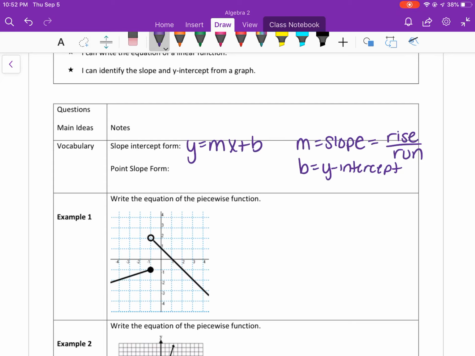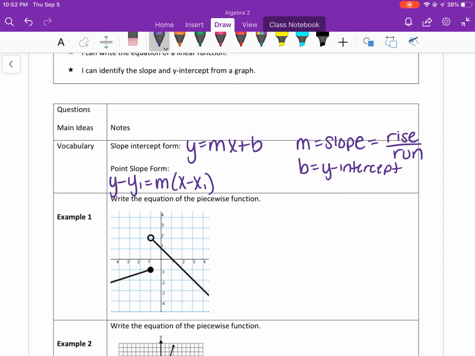And then point-slope form might be new to you, or you've maybe seen it before, but this is y minus y1 equals m times x minus x sub 1. And we use this when we can't identify the y-intercept clearly.